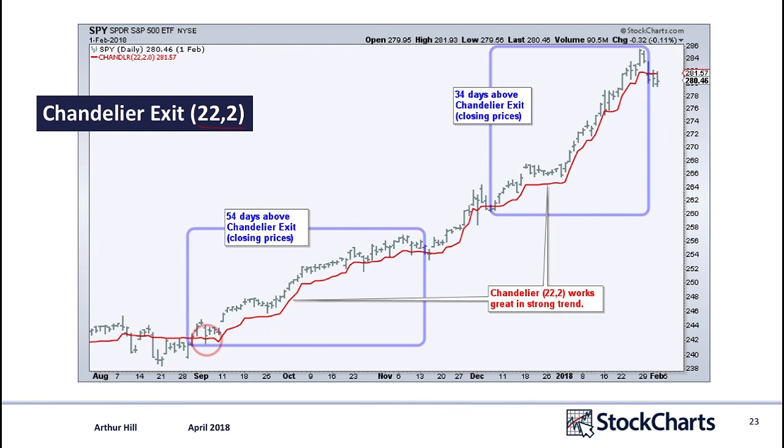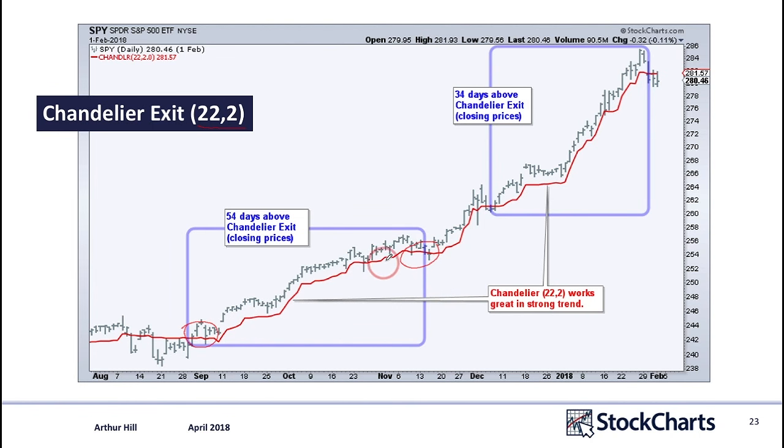I think 2017 and the beginning of, or January, 2018 was exceptional as far as the strength of these short-term moves that we had. But you can see here, if you'd gotten in late August, on a closing basis, you did not close below that Chandelier Exit until early November or even mid-November.